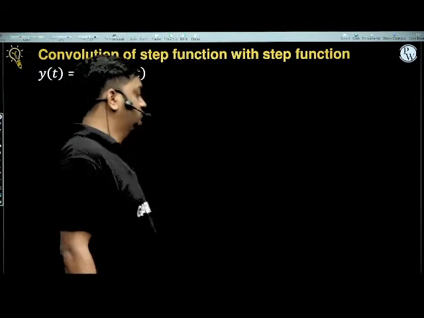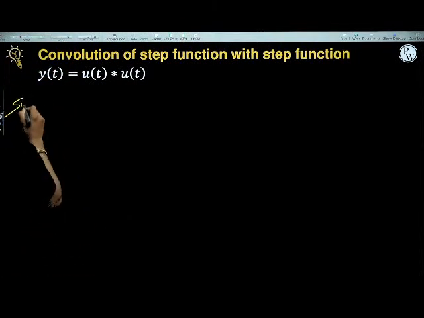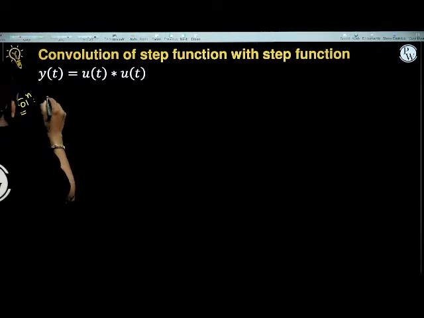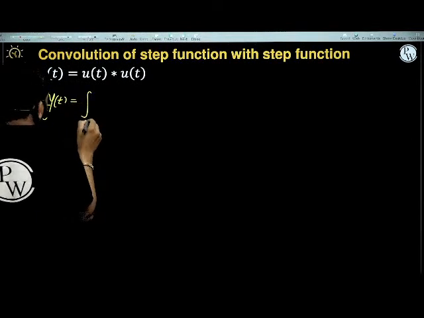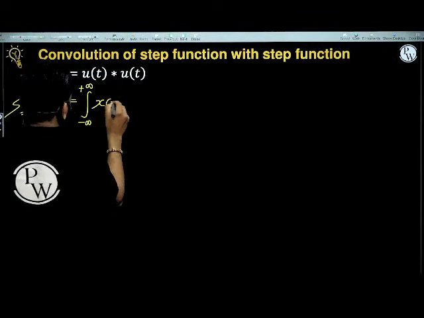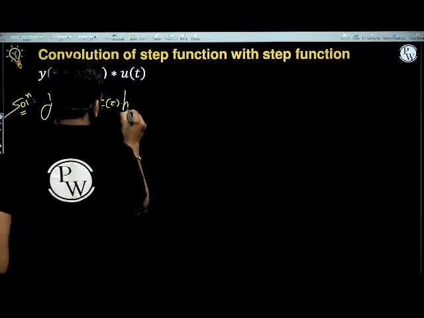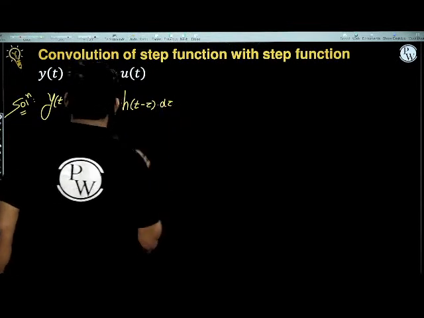Now we will solve this question using the analytical method. y of t is nothing but integration from minus infinity to plus infinity of x of tau into h of t minus tau d tau.